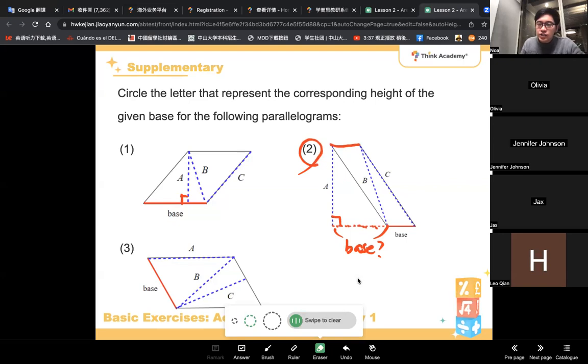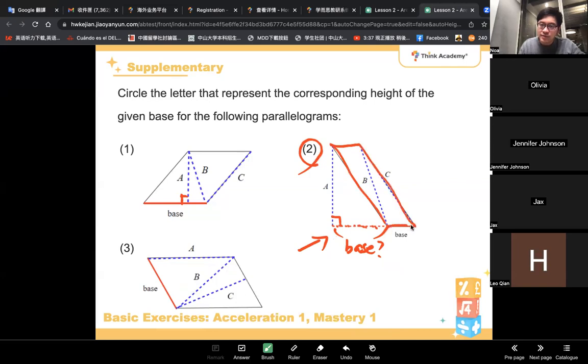Because as I said at the very beginning of today's class, the base is each side of the parallelogram. Is this part of our parallelogram? No, our parallelogram is here. This is our parallelogram. This is not our parallelogram, so this is not the base. So when you do calculation, don't use that as a base. Get rid of it. Remember, base is only here.